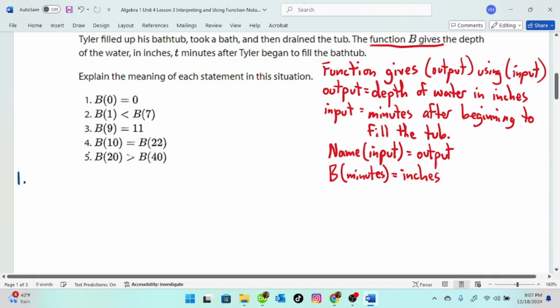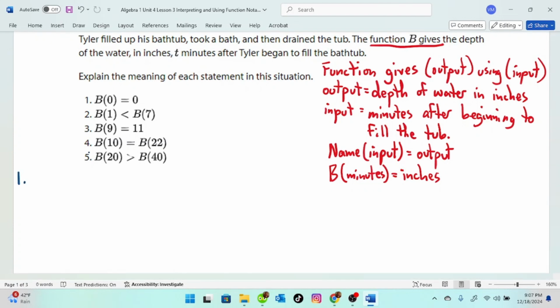So number one, the 0 in parentheses is minutes. The 0 that it equals is inches of water. So there was no water after 0 minutes.